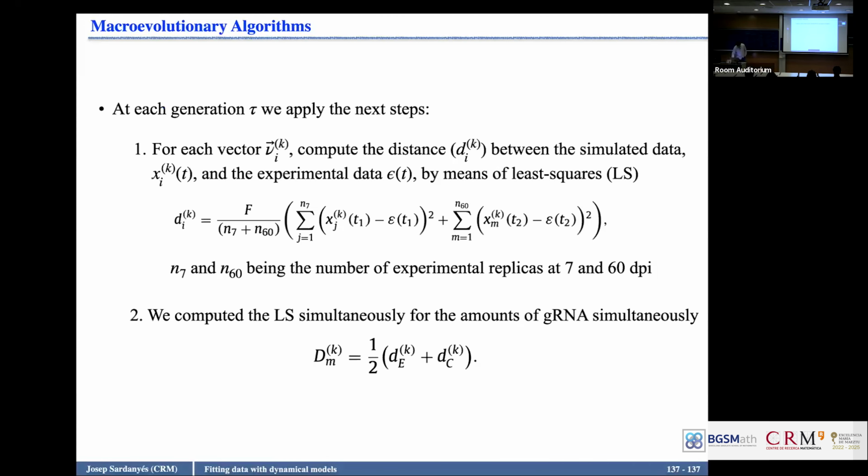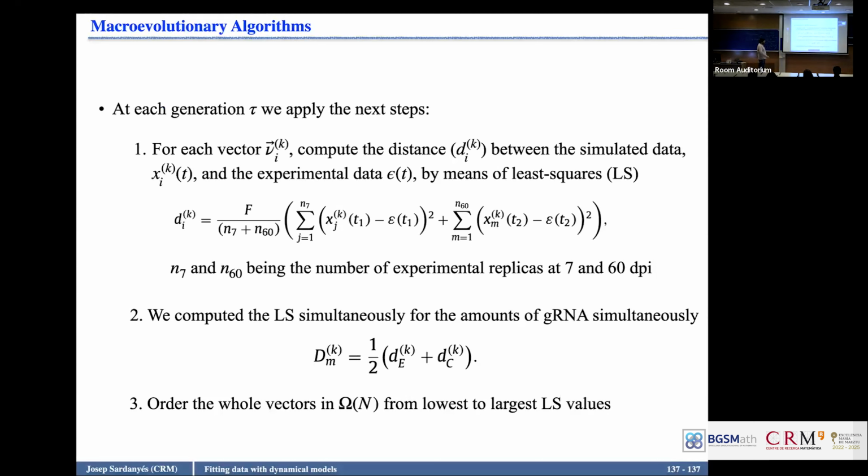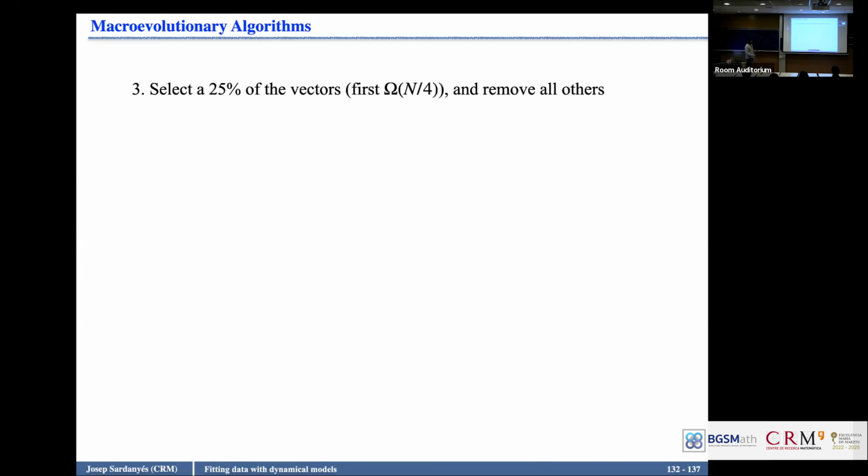So when I have computed the fitness and the distances, I order them from low to larger distances. And then I select 25% of the population, so the first n divided by 4 individuals, the best block, and I remove all the others.